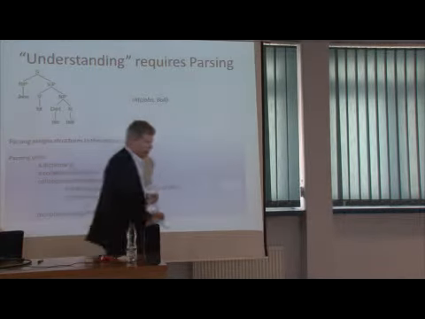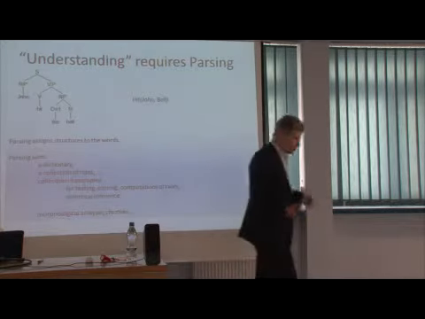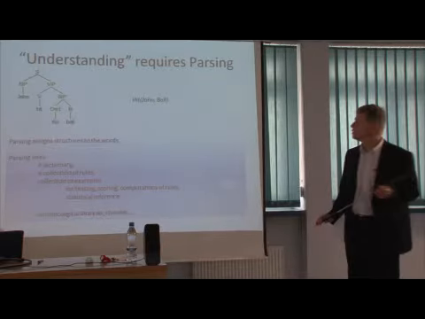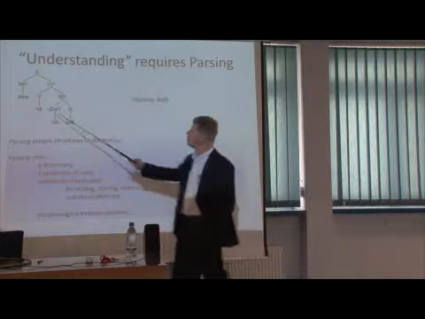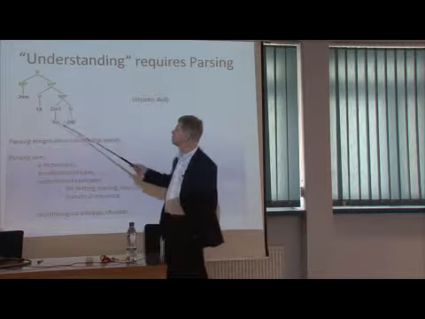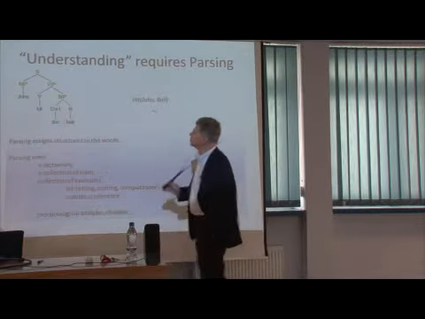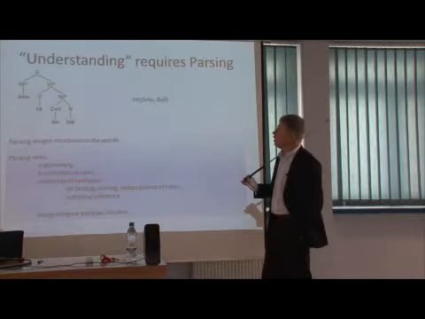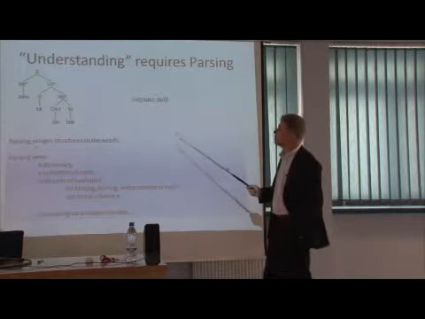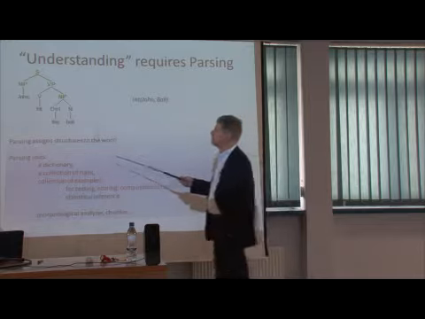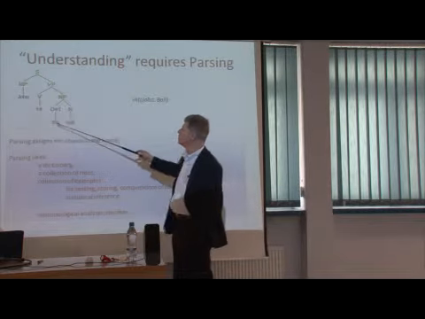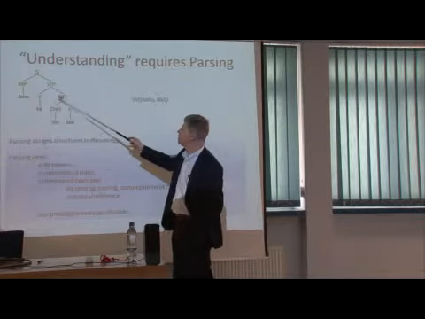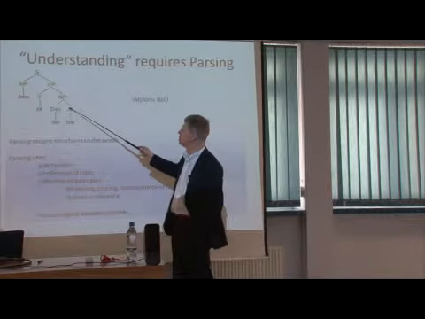All right, so to understand something, we need to parse. Parsing is an operation of assigning a structure to a string. So we have a string, John hits the ball, or John hit the ball, and we want to assign a structure to it. So most grammars would assign the structure that you see here. The ball is a noun phrase consisting of a determiner and a noun.